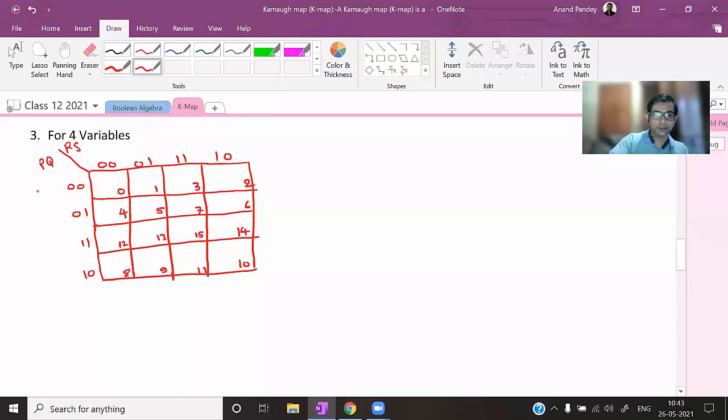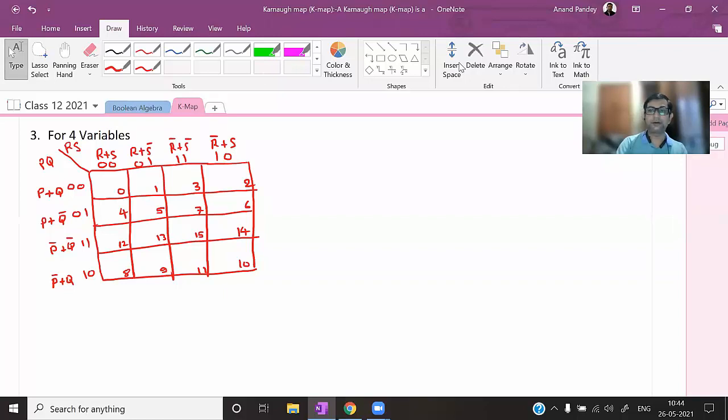So here we write P plus Q, P plus Q bar, P bar plus Q bar, and P bar plus Q. Here also the same thing: R plus S, R plus S bar, R bar plus S bar, and R bar plus S. So the second difference is that instead of dot we use plus, and we put bar for 1.